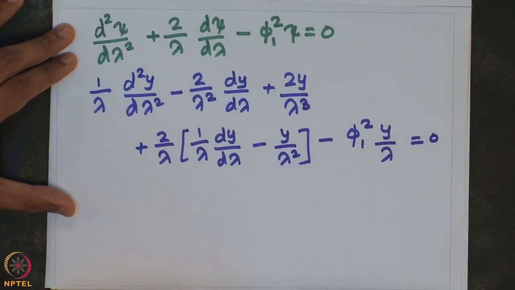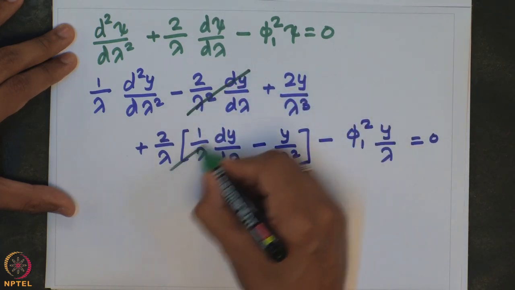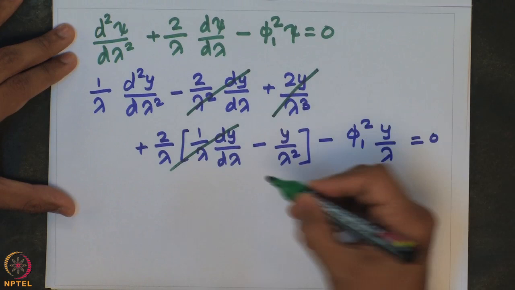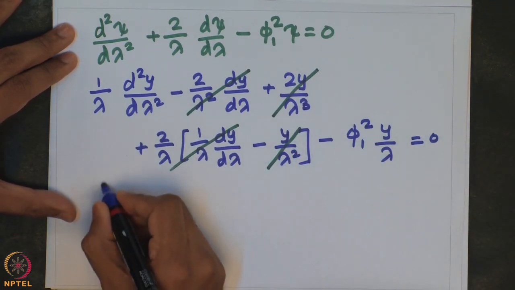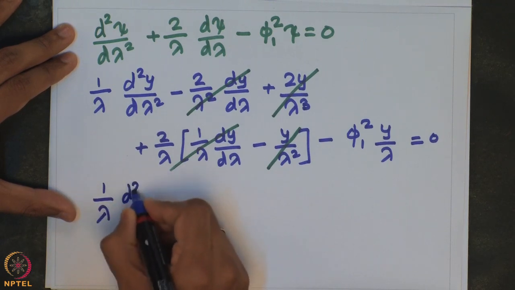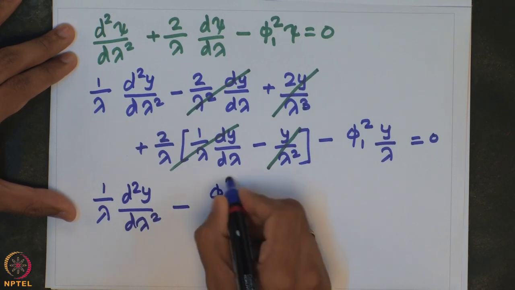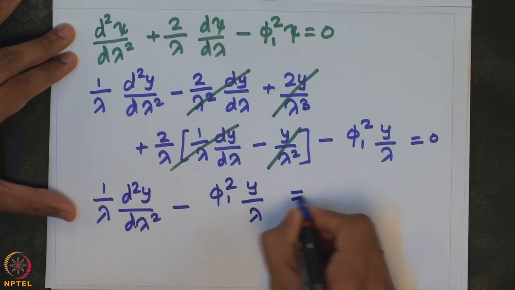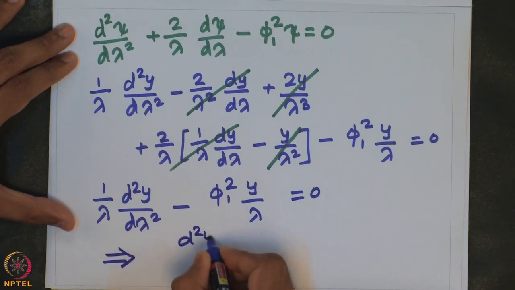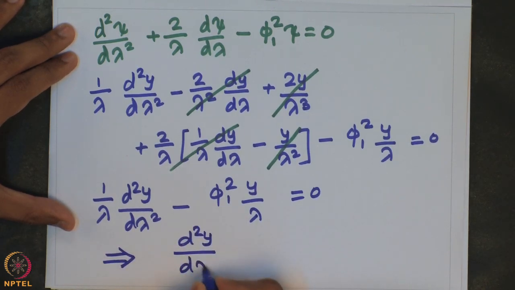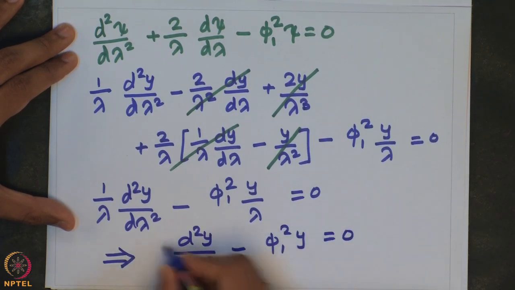From here we can see that this term cancels out with this term and this term cancels out with this term, and so essentially the model equation is 1 by lambda d square y by d lambda square minus phi 1 square into y by lambda equal to 0, which means the model equation is reduced to d square y by d lambda square minus phi 1 square y equal to 0.